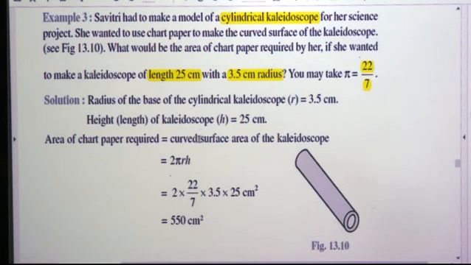What is the formula of curved surface area of a cylinder? 2 pi r h. 2 into 22/7 into 3.5 into 25 centimeter square. So, it becomes 550 centimeter square. Area of chart paper required is 550 centimeter square.